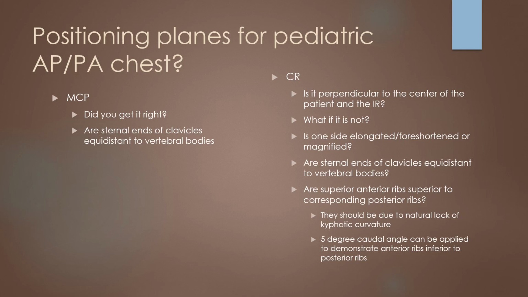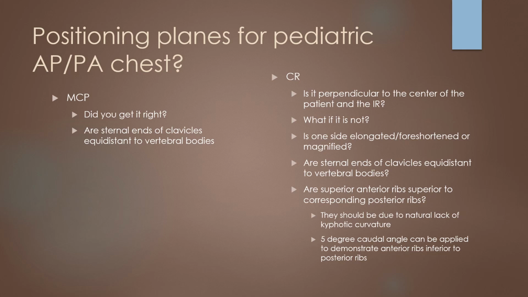So if we have a good central ray perpendicularity with no mid-coronal tilt, we are going to see that T4 corresponds to the manubrium, and that the apices are going to be less than an inch now because these are very small people.